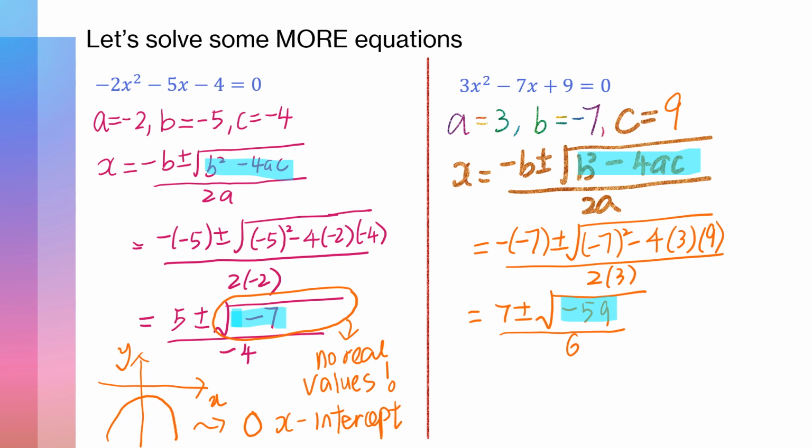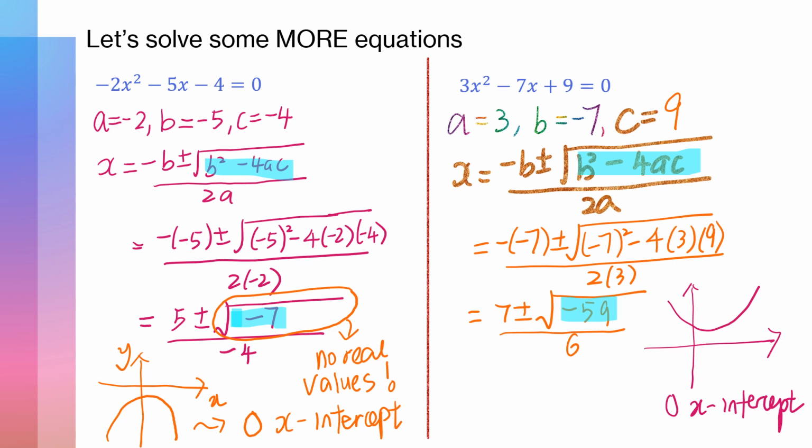If you use a calculator to evaluate the square root of negative 59, you will not get an answer because there's no real value. If you sketch the curve, this is a U-shaped curve because the value of a is positive, and the curve is entirely above the x-axis. It does not cut the x-axis at all. Therefore, it has 0 x-intercept. So what are the conclusions we can make here?